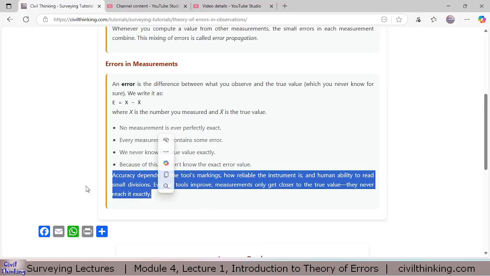Let us read this. Accuracy depends on the tools, markings, how reliable the instrument is, and human ability to read small divisions.